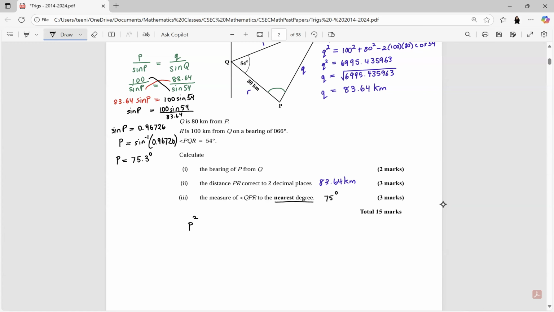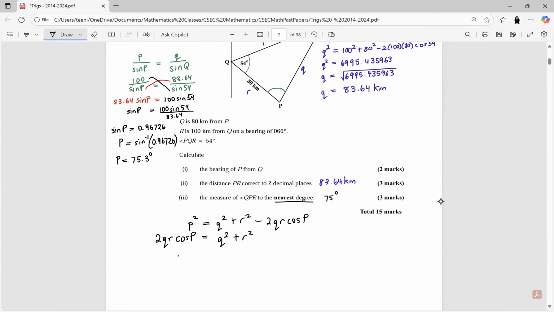P squared is equal to Q squared plus R squared minus 2 by QR by cos of angle P. I need to make cos of angle P the subject of this whole formula, right? So I'm going to move minus 2QR cos P to the other side to make it positive, right? So 2QR cos of P is equal to Q squared plus R squared.